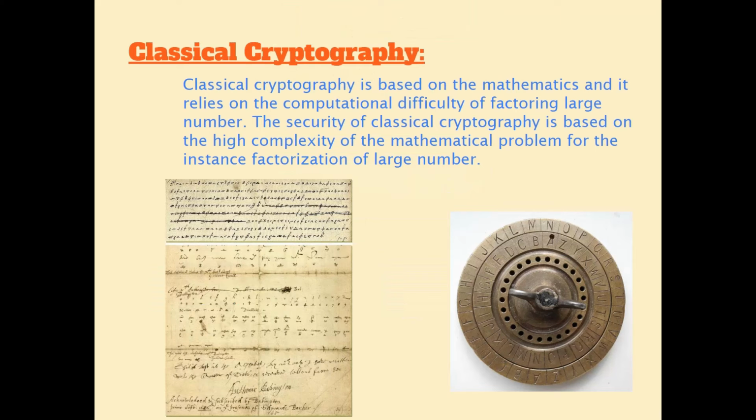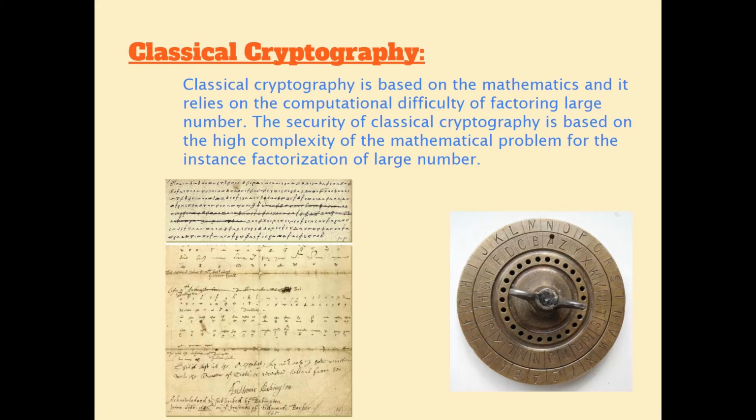Now, what is classical cryptography? We heard that ROT13, which we are studying, is a part of classical cryptography. But what is it? Classical cryptography is based on pure mathematics, and it relies on computational difficulties like factorizing a number many times.